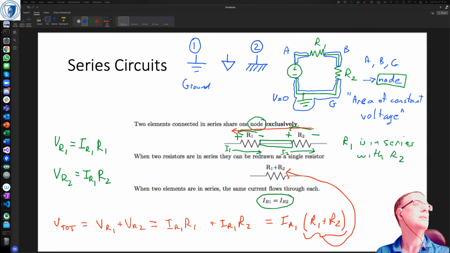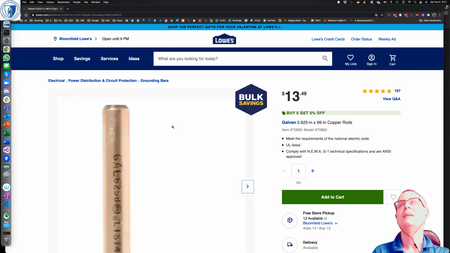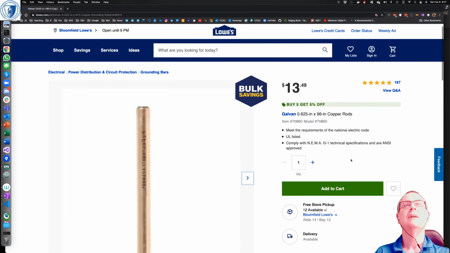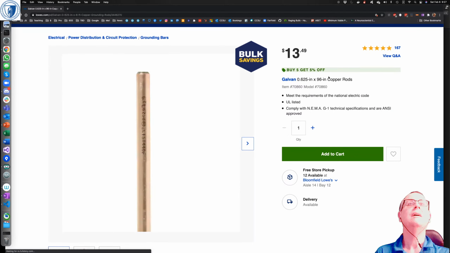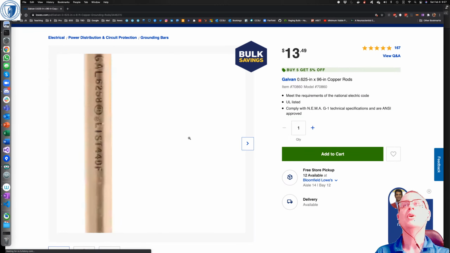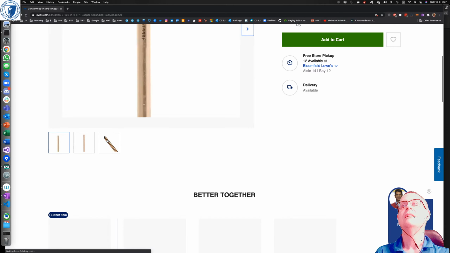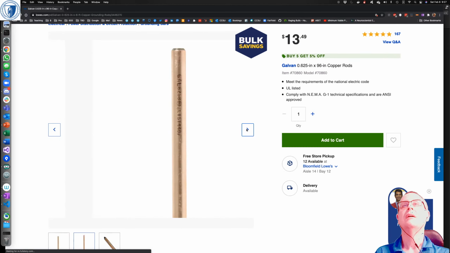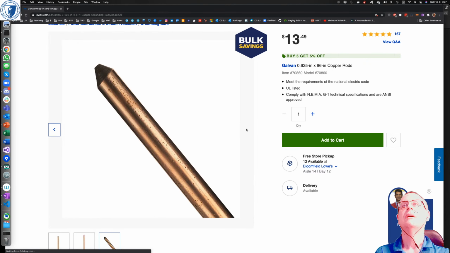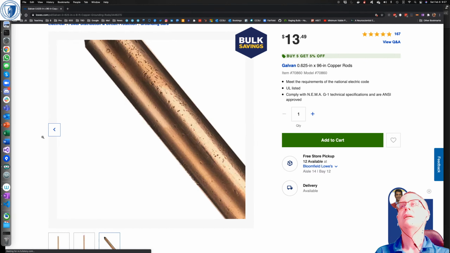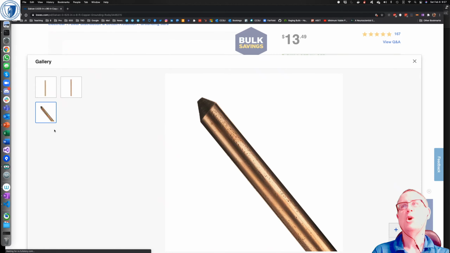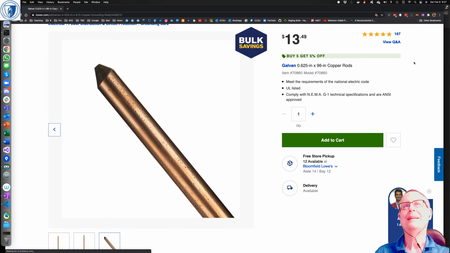There we go. So this is just at Lowe's, right? And it's an 8-foot copper rod. And the whole point of that is that 8-foot copper rod is driven into the ground, and that is what gives you your 0 volts.